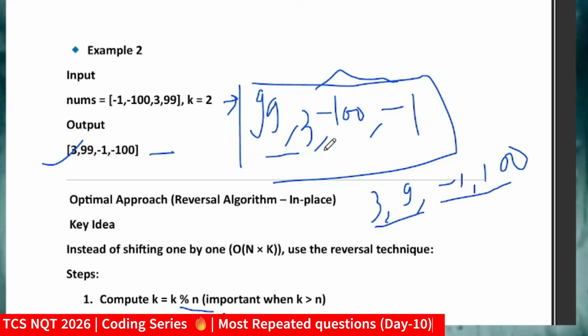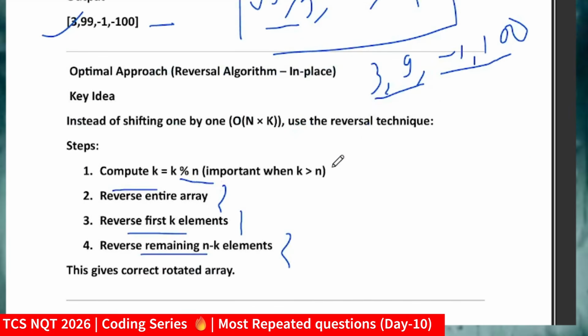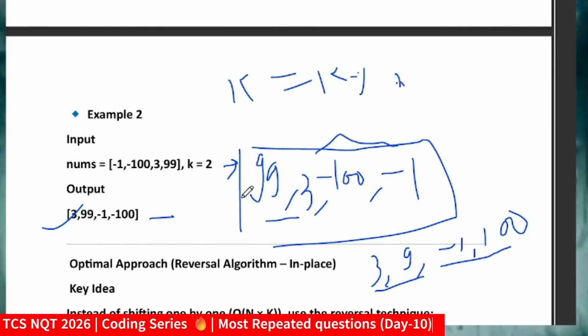Again, I am discussing the steps I will apply. I will first compute the value of k, so k equal to k mod n, that is 2 mod 4, which is also equal to 2. Then I will reverse the entire array, and it will become 99, 3, minus 100, and minus 1.